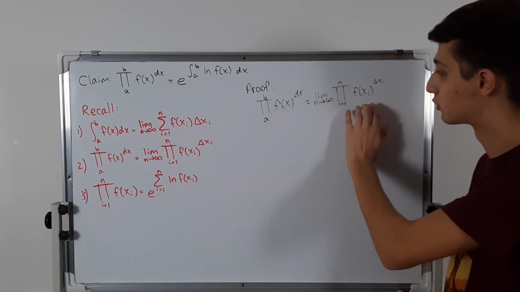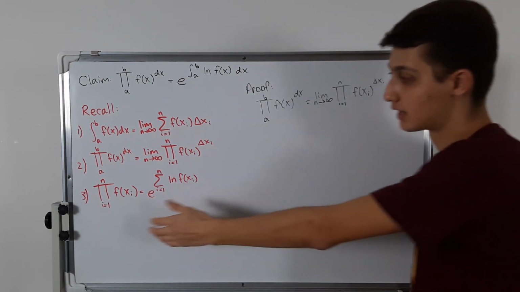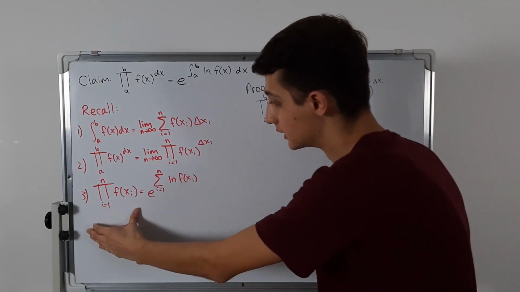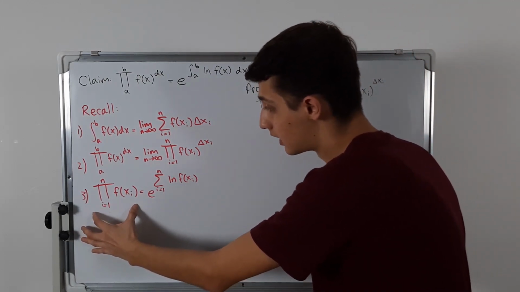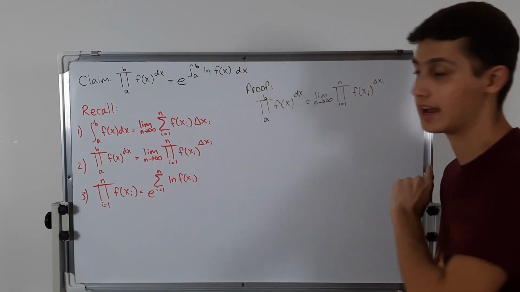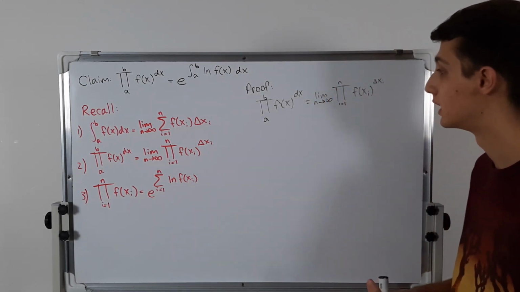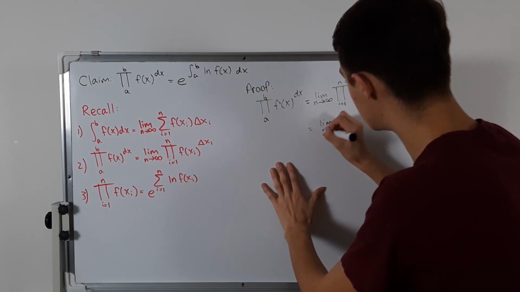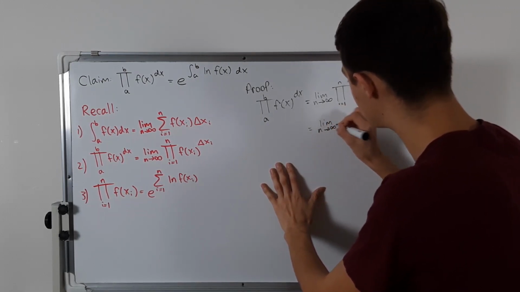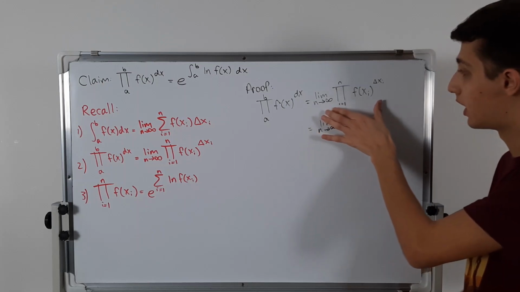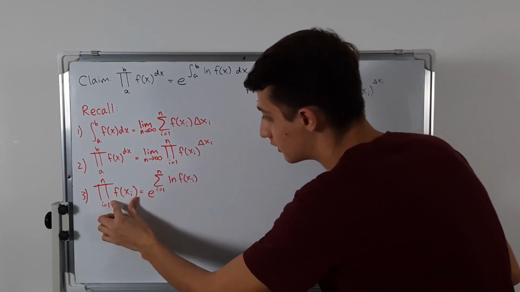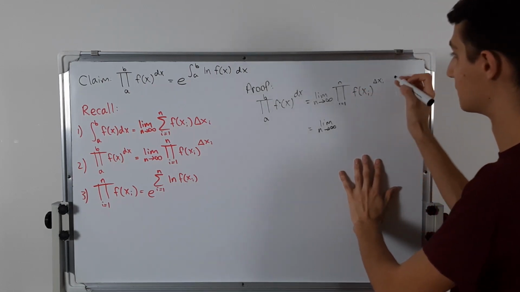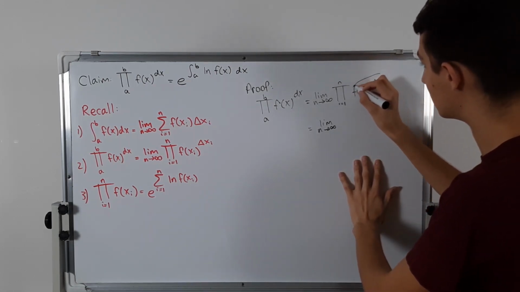Okay, so now we have a discrete product here, and we can actually apply this third little relationship. So we have the product equals e to the sum of the natural log of that function, right? So I'm going to keep the limit, it just stays there, I'm not doing anything to it. And so notice how here the whole function is all of this.